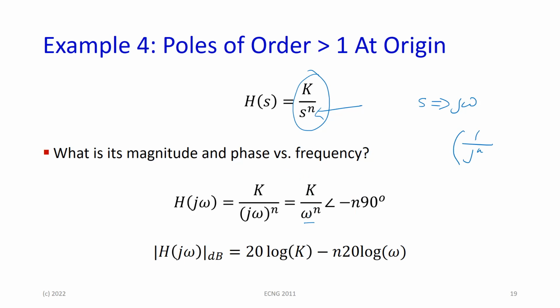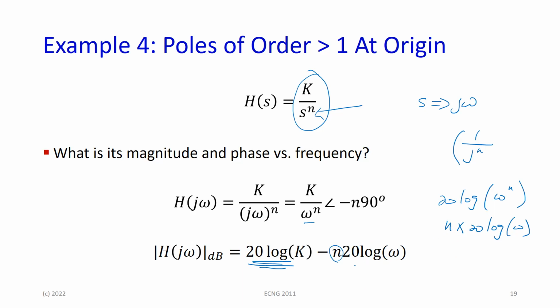Let's look at the gain equation again. The magnitude equation, expressed in decibels, is 20 log K minus 20 log omega to the power n, which is n times 20 log omega. You can already see it starts off at 20 log K, but n is a number.